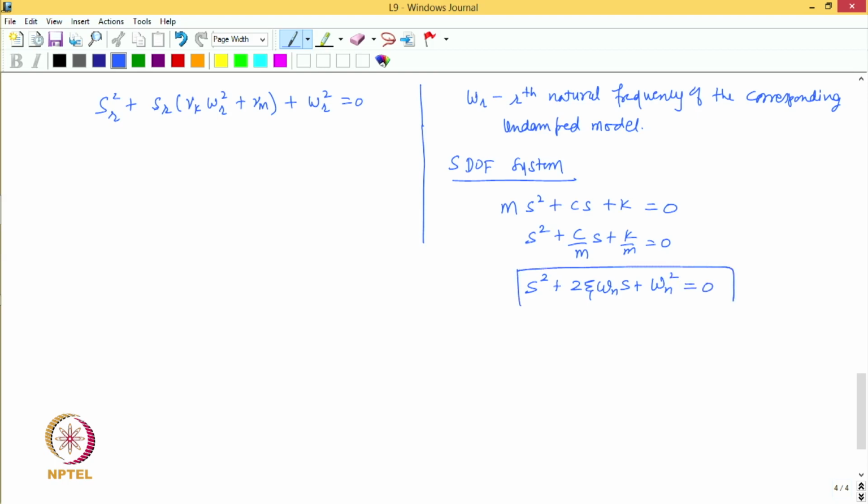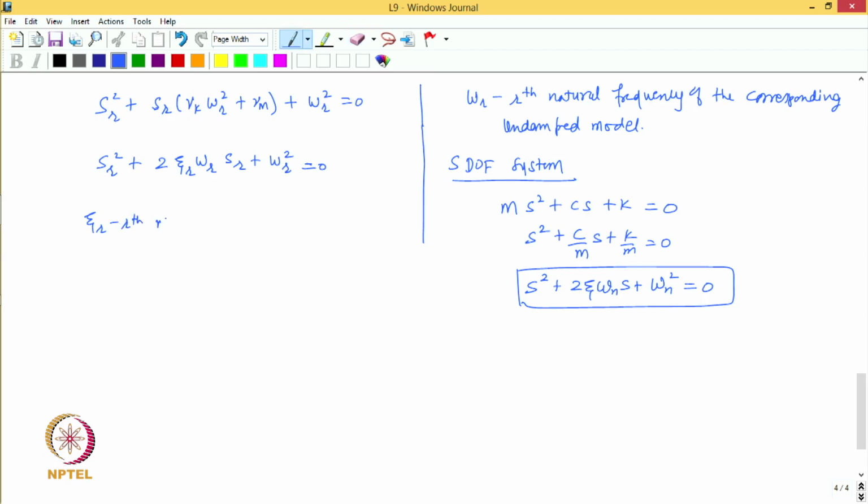So this is nothing but the characteristic equation for a single degree of freedom system with damping factor zeta. If you compare the equation we got with this equation, we can rewrite it in this form: s_r squared plus 2 zeta r omega r s_r plus omega r square, where zeta r is nothing but the modal viscous damping factor of the rth mode.